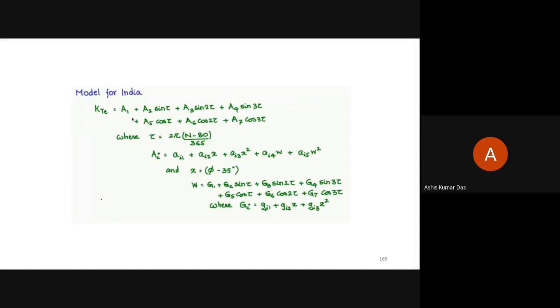And where AI are the coefficients, given in the form of AI1, AI2x, AI3x square, AI4w, and AI5w square. What is w? w is called the water vapor content. Earlier we considered only the latitude, which is given by x. Now with this latitude we are considering another term, the water vapor content, expressed in terms of w.